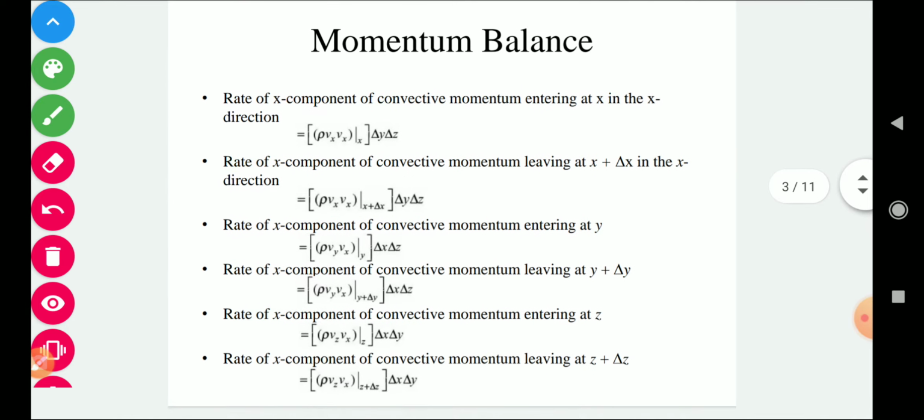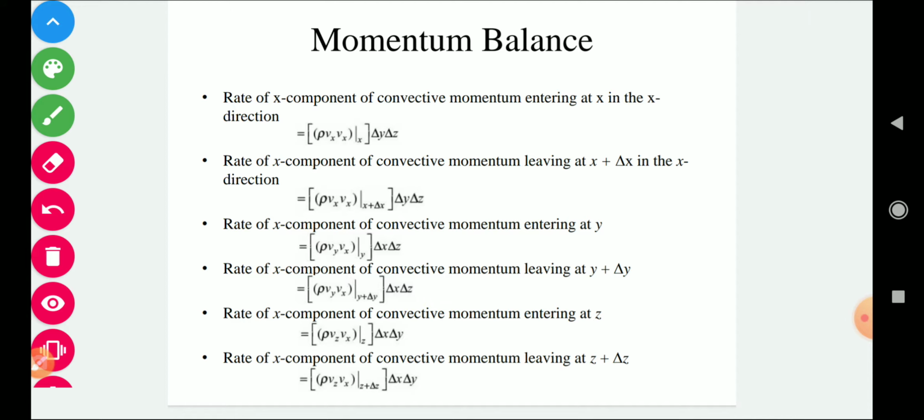So if we apply momentum balance, then first of all, rate of x component of convective momentum entering at x in the x direction. So convective momentum is equal to rho vx into area. So rho vx at x equal to x into area.